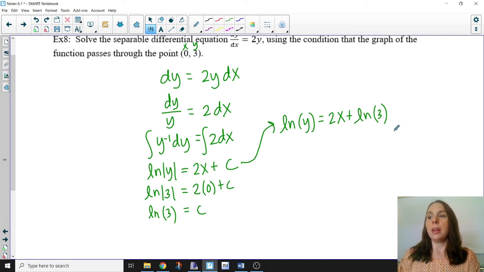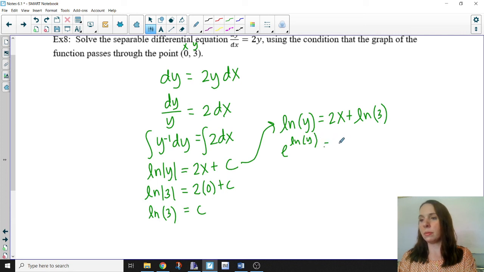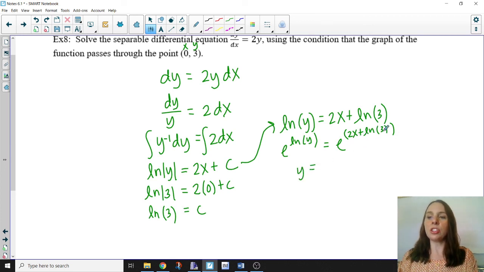You could be done. But again, I want to show you what it looks like when you solve for the y. Okay, when you solve for the y, that means you're going to raise both sides in a power of e like this. On the left-hand side, that becomes y. And on the right-hand side, you can actually split up this sum into a product with base e.